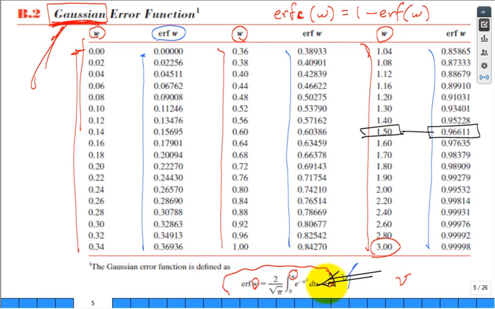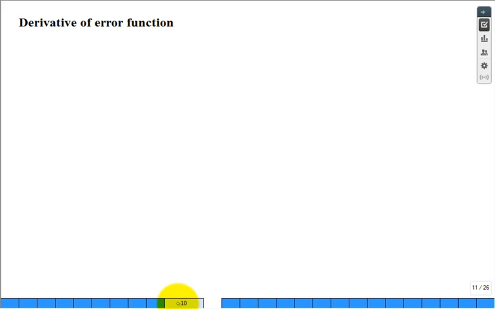I know the equation sheet gives us this equation for the error function, does it not? So you could program it in, and it's a finite integral then, because you're integrating from 0 to 1.5 of e to the minus u squared du.